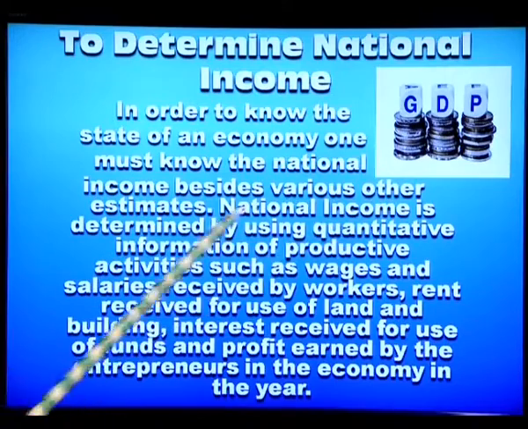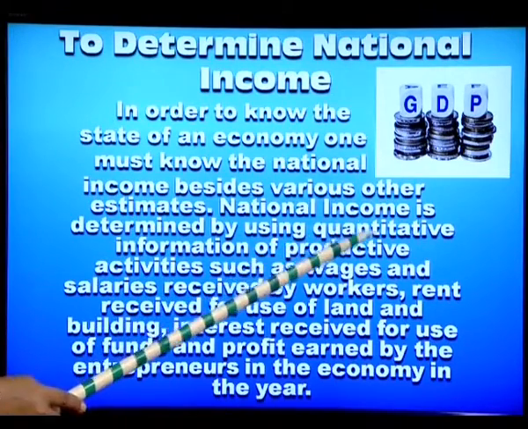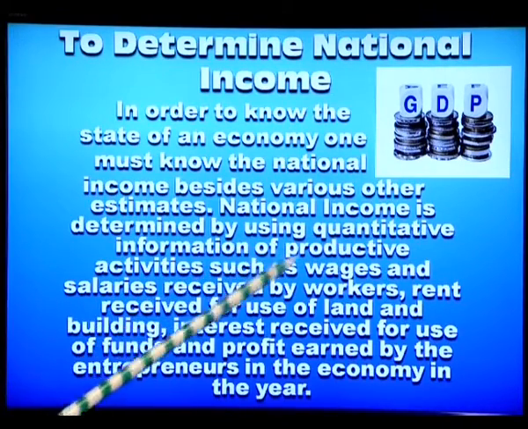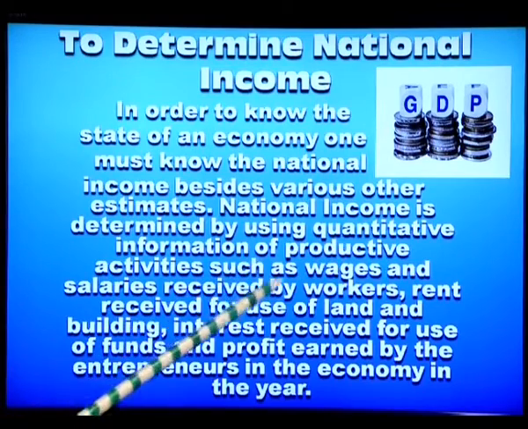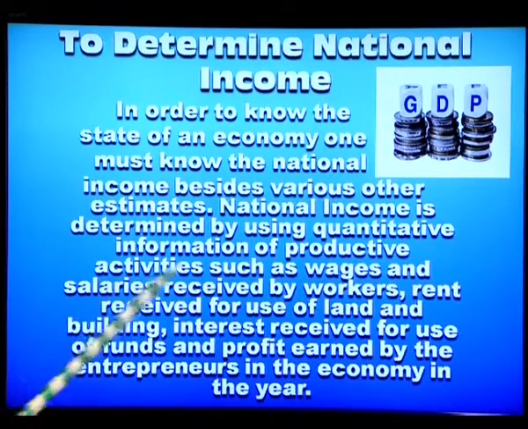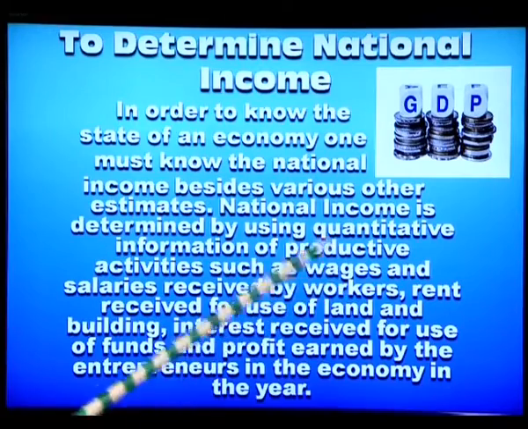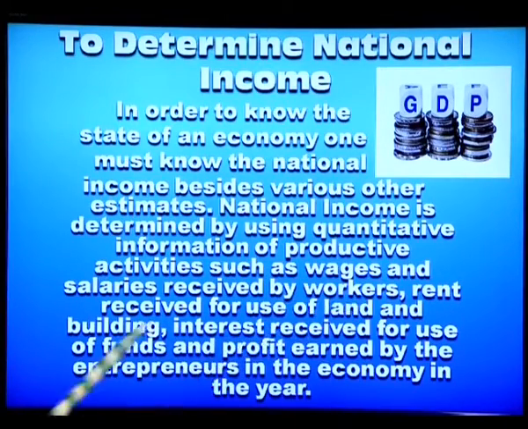National income is determined by using quantitative information of productive activities such as wages and salaries received by workers, rent received for use of land and building, interest received for use of funds, and profit earned by the entrepreneurs.